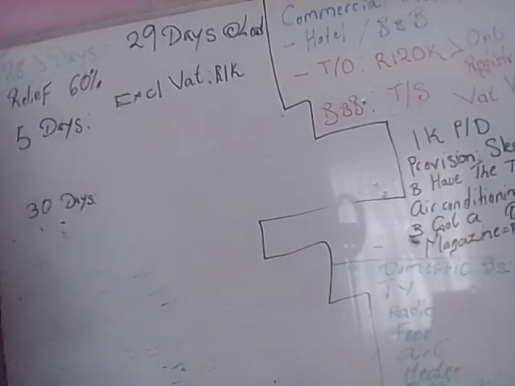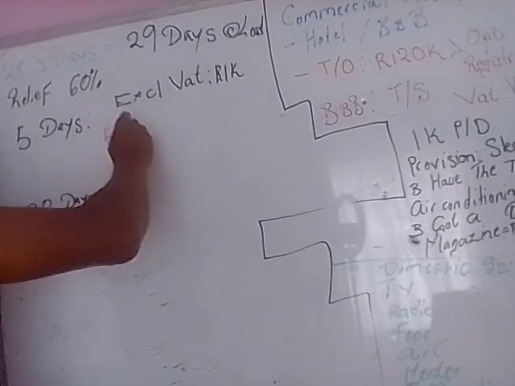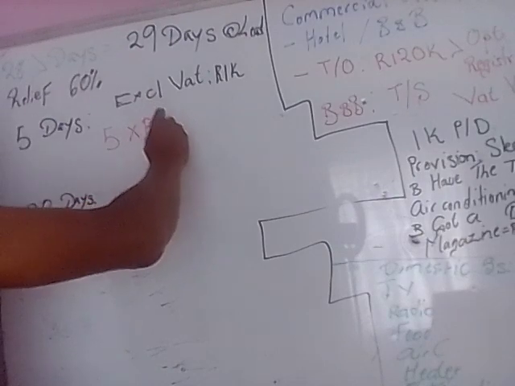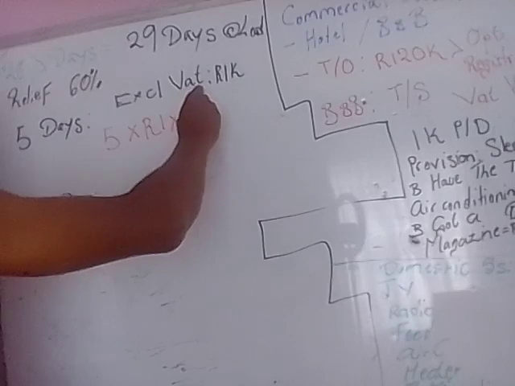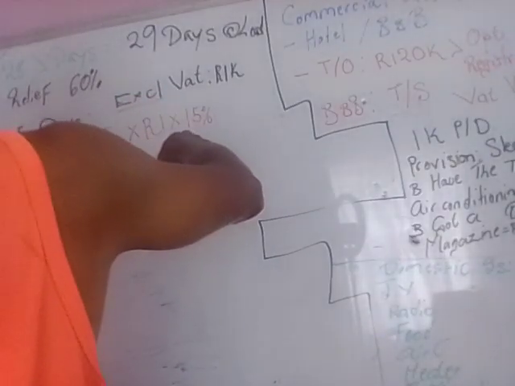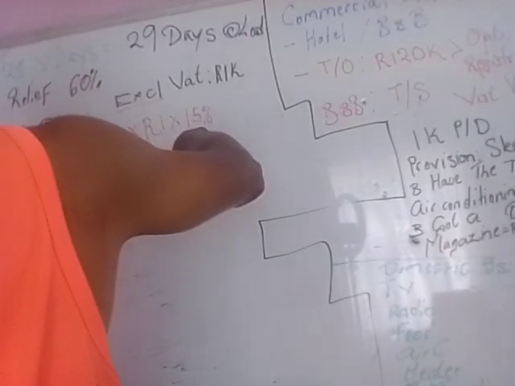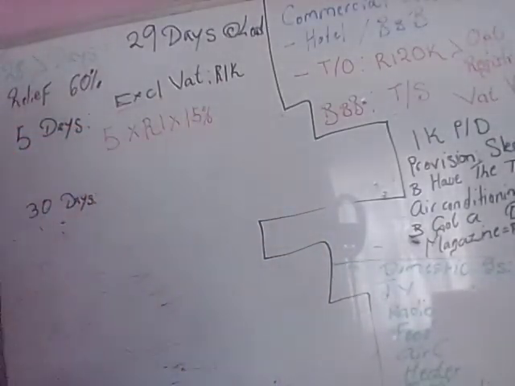The output VAT that the commercial accommodation would have is as follows. We would say 5 days times 1,000 rands times 15%. Because it's exclusive of VAT, we don't apply the fraction, but the percentage of 15%, which is our VAT rate.